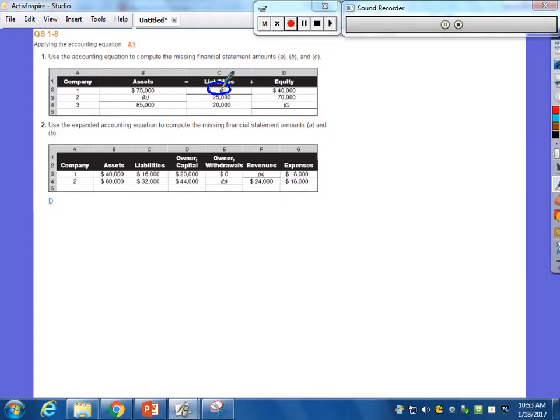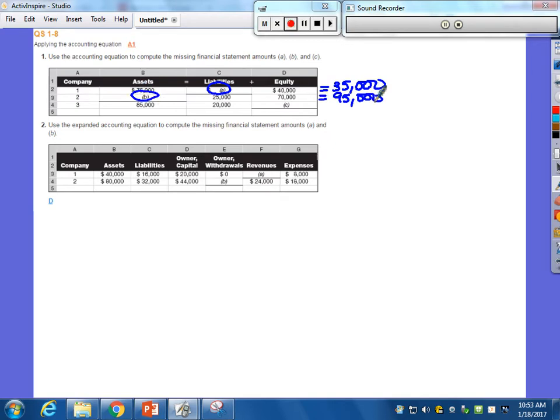And if we subtract 40,000 from 75,000, we get what? 35,000. Good. Number two, you have liabilities of 25,000 and you have equity of 70,000. 70,000 plus 25,000 equals what? 95,000. So that is the amount of our assets.